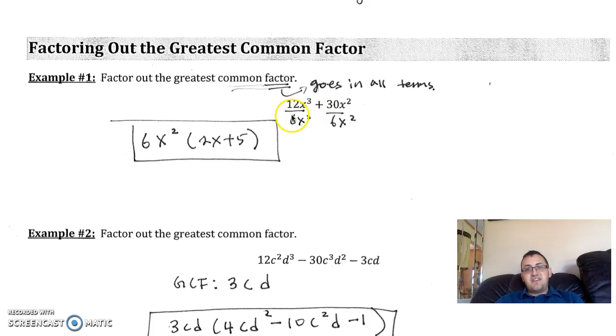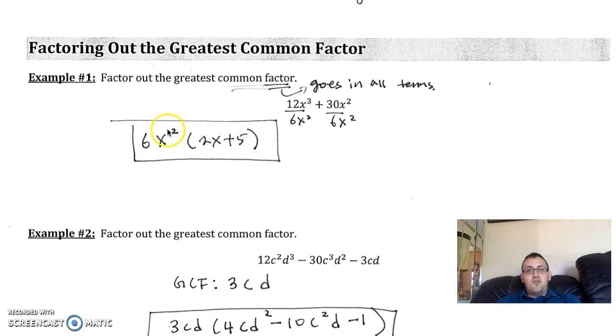We can see that 6 goes into both of those. Then I ask myself, what is the lowest power of x? The lowest power of x is x squared. So therefore, x squared is part of the greatest common factor. So I pulled out a 6x squared.